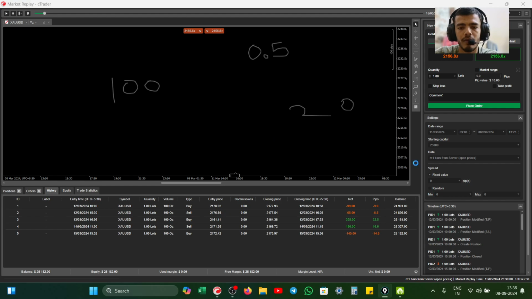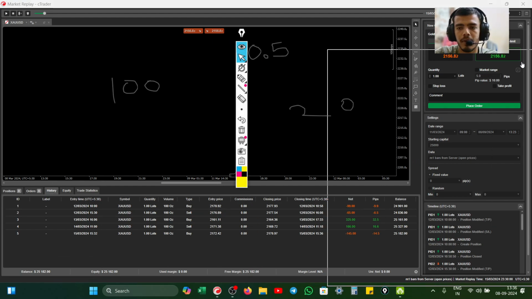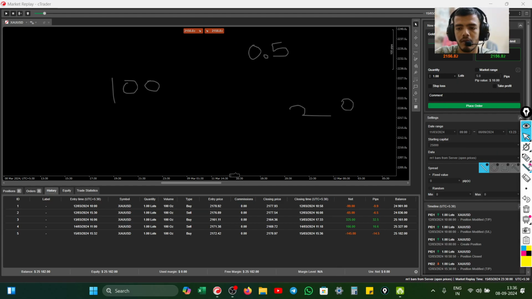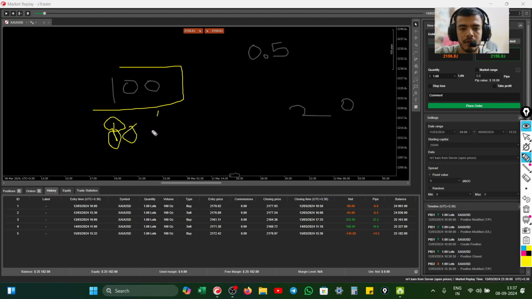Always lose less than what you have anticipated to lose. So if I'm risking $100, I always want to get out of this trade at $80 or $90. I have to save $10 at least for a day.